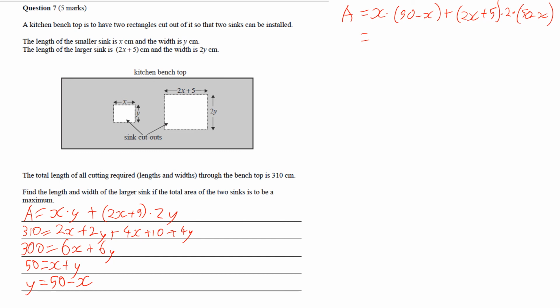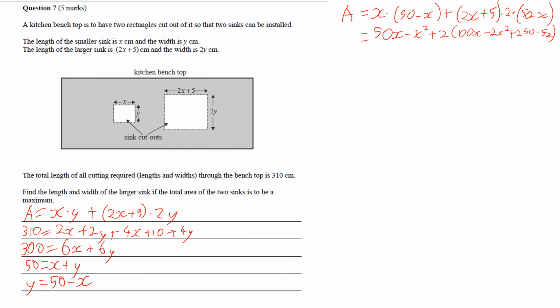So we'll have 50x minus x squared plus, I'll keep the 2 at the front for now and just deal with my brackets, 100x minus 2x squared plus 250 minus 5x. All right.